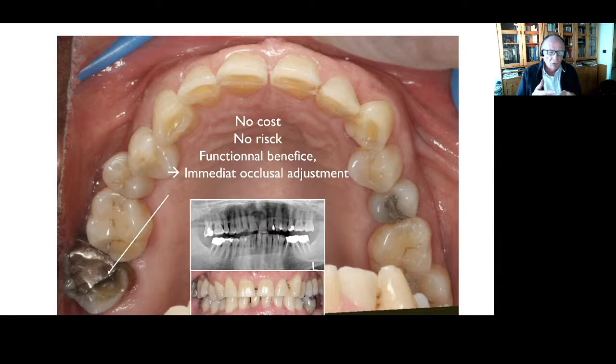Very easy to see. We don't need a microscope. Okay, very easy to see. Very easy to correct. It concerns one or two teeth, not 10 teeth.